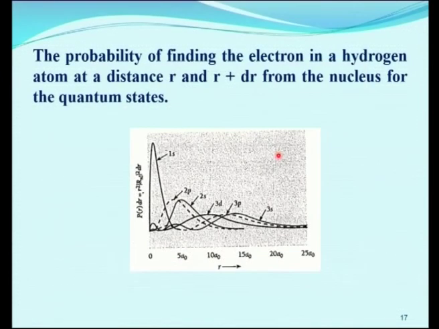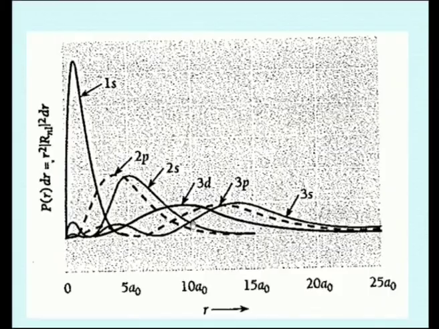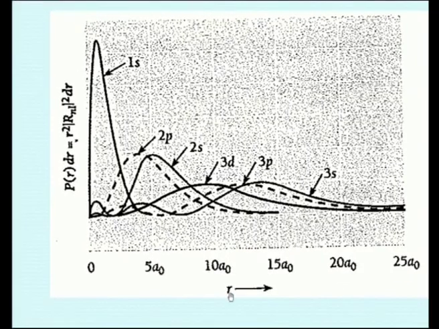The probability of finding the electron in a hydrogen atom at a distance r and r plus dr from the nucleus for quantum states. See this picture. Small r represents the radius of the orbit from the nucleus.